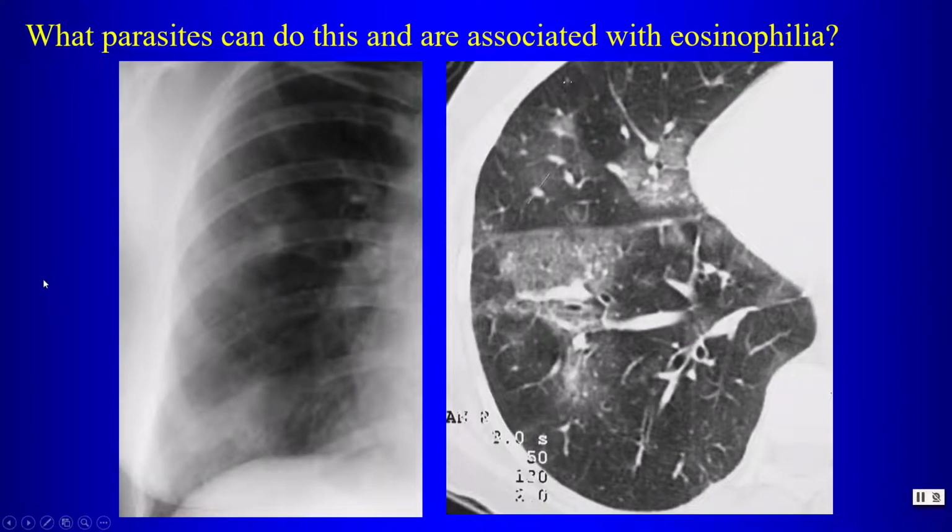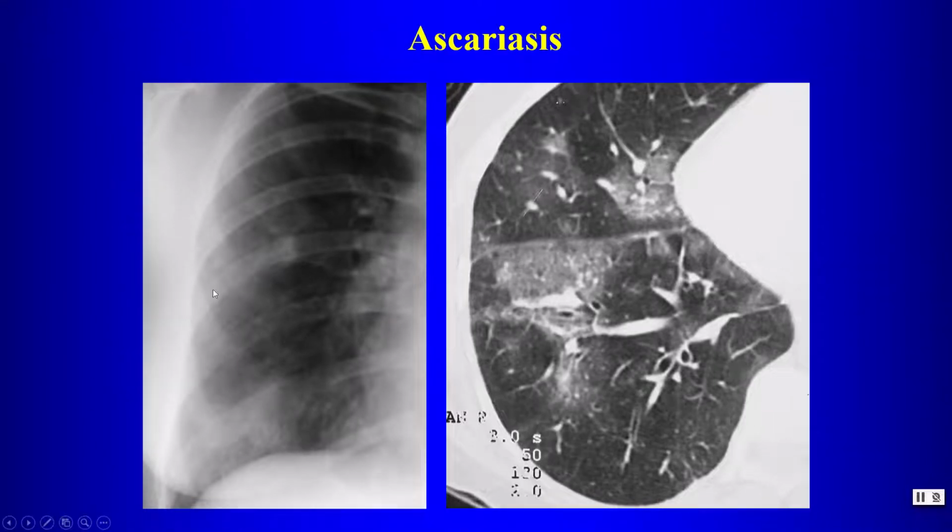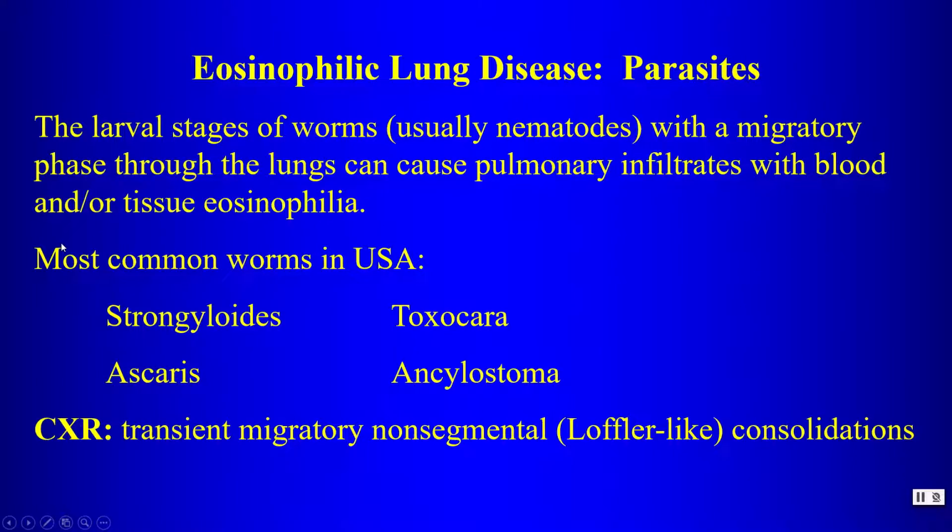Now, there are parasites that can also cause eosinophilic pneumonias. So what parasites can be associated with eosinophilic pneumonias? Well, Ascariasis is one of the big ones, but these parasitic worms, especially those that have a migratory phase through the lungs, are the types that are associated with eosinophilic pneumonia.